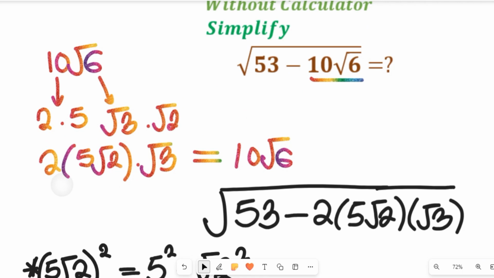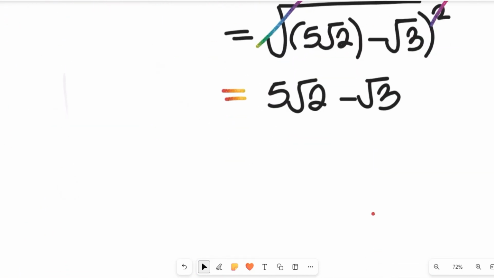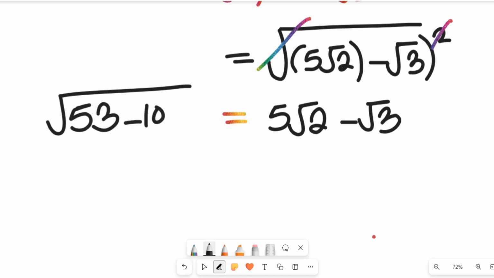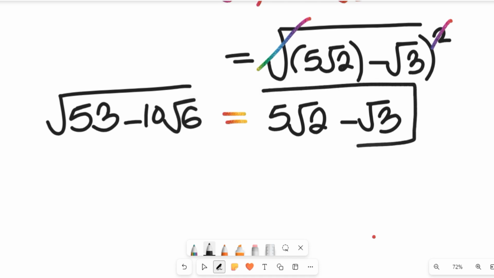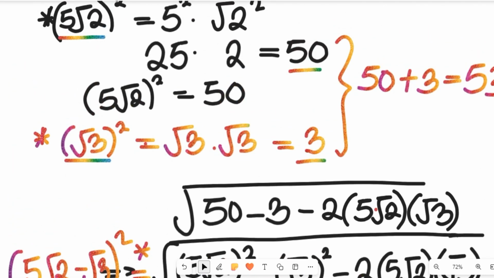So the square root of 53 minus 10 root 6 is equal to this value we have here. So you see how we have solved this question without the use of a calculator.